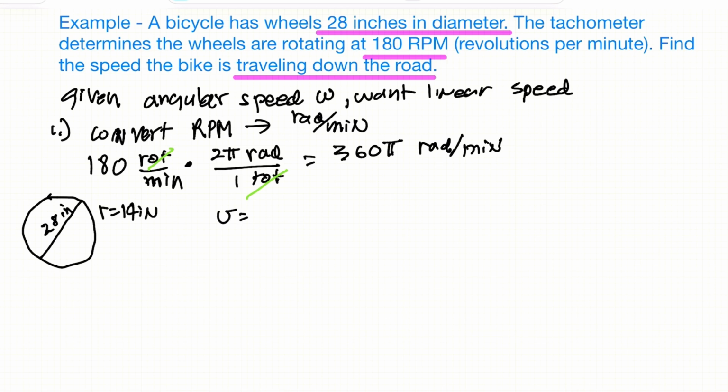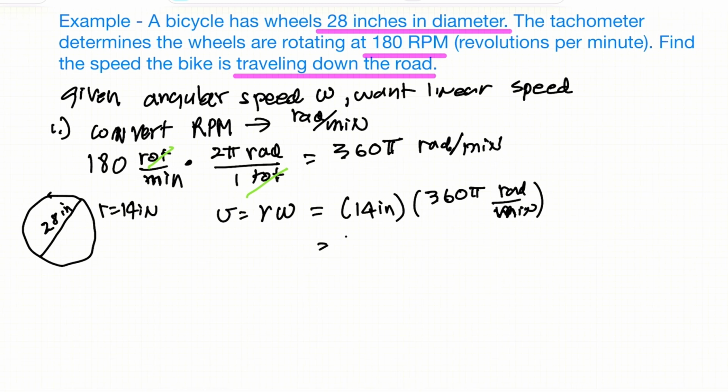So calculating our linear velocity, it's r omega, and we know the radius is 14 inches, and our angular speed is 360 pi radians per minute. That is going to be 5,040 pi, and that's going to be inches per minute.